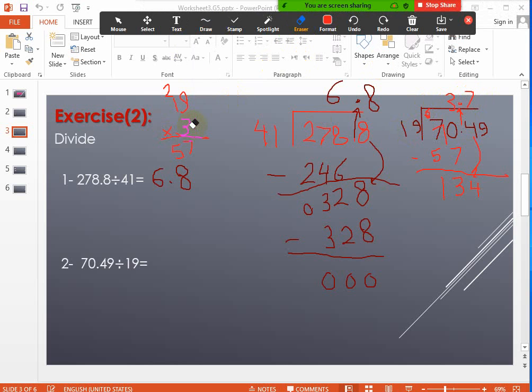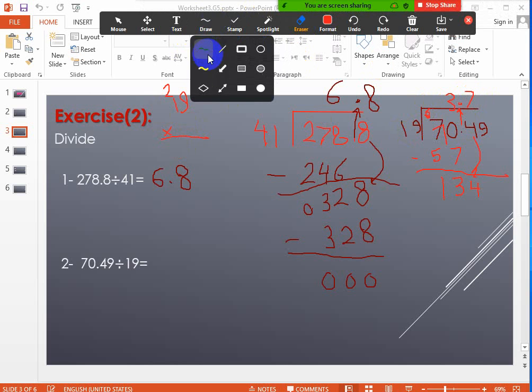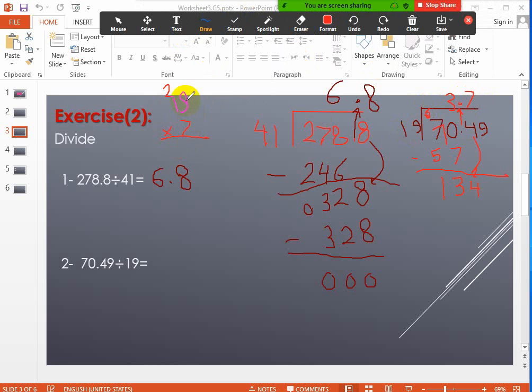Okay, I will multiply it here. Yes. 7 multiply 9. Very good. I will put 3 here and 6 above the 1. 7 multiply 1. 7 plus 6.